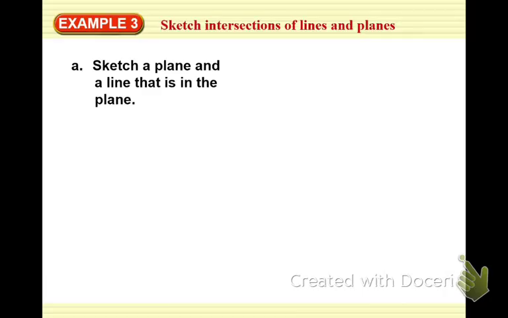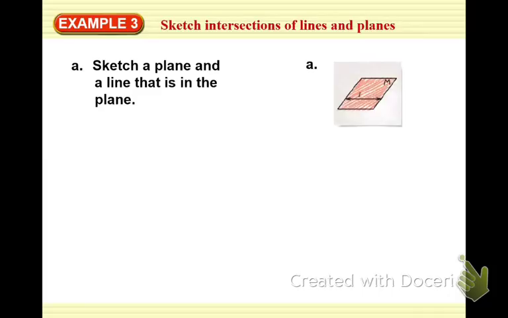So let's try some things here. To sketch a plane and a line that is in the plane, what might that look like? Can you see it? So we just need a slanted box, right? And then draw a line in that box. And that would be representative of that line being in the plane.